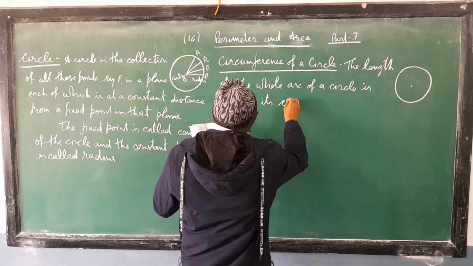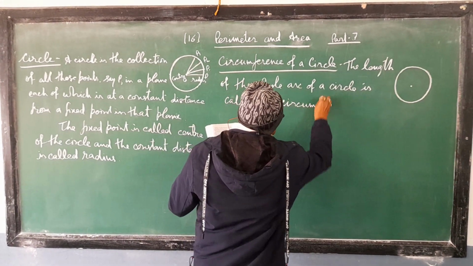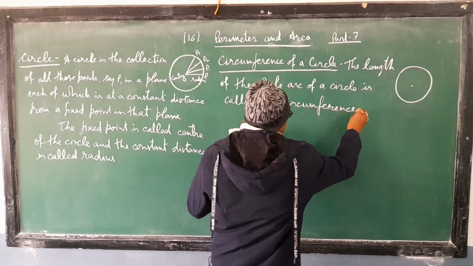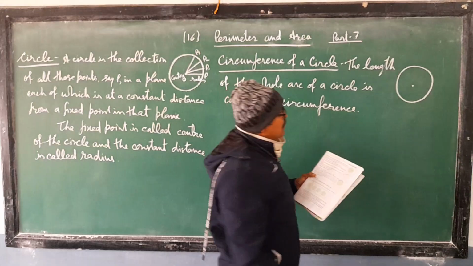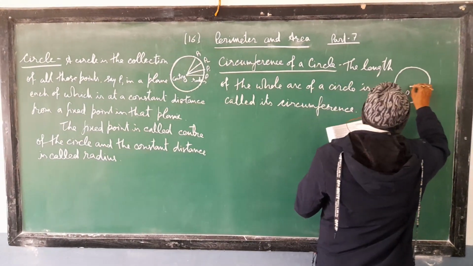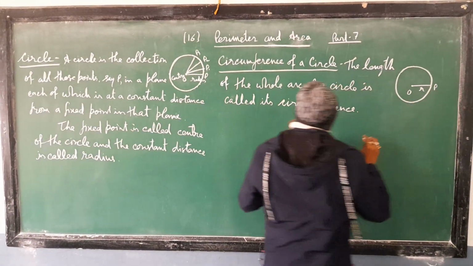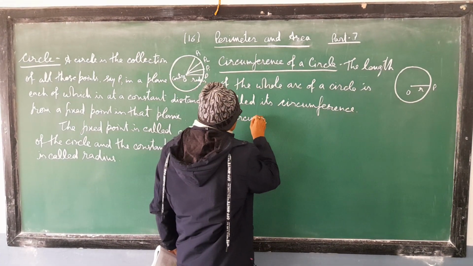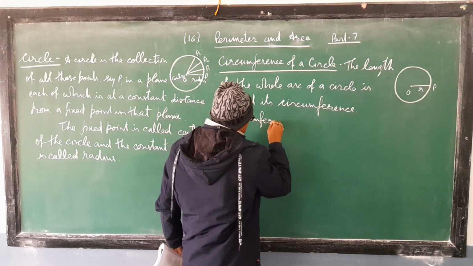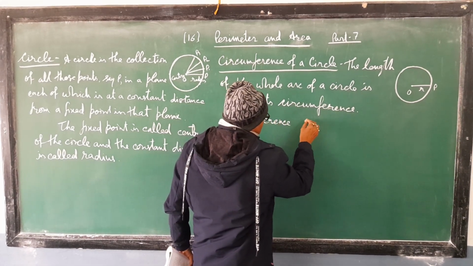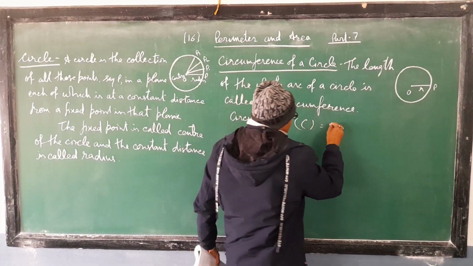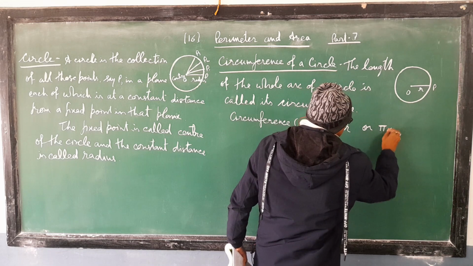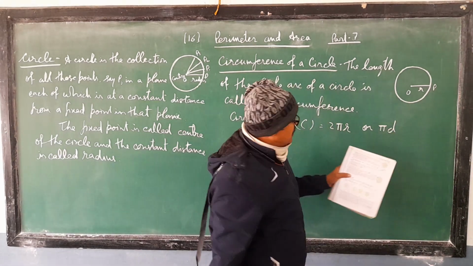We can represent circumference by C. C is equal to 2 pi r, or pi into d, where d is the diameter.